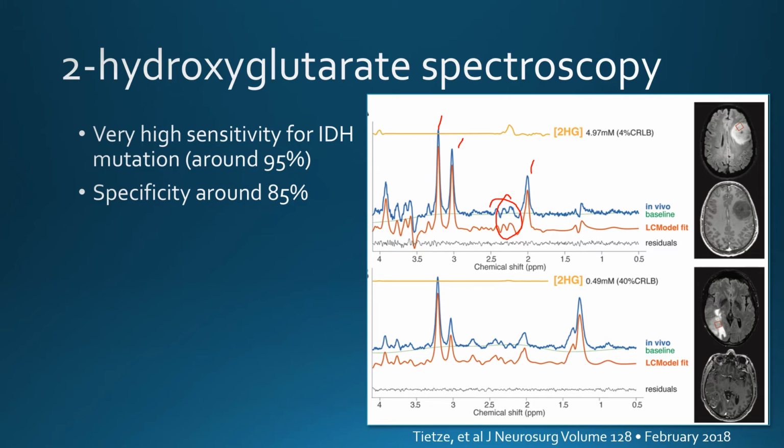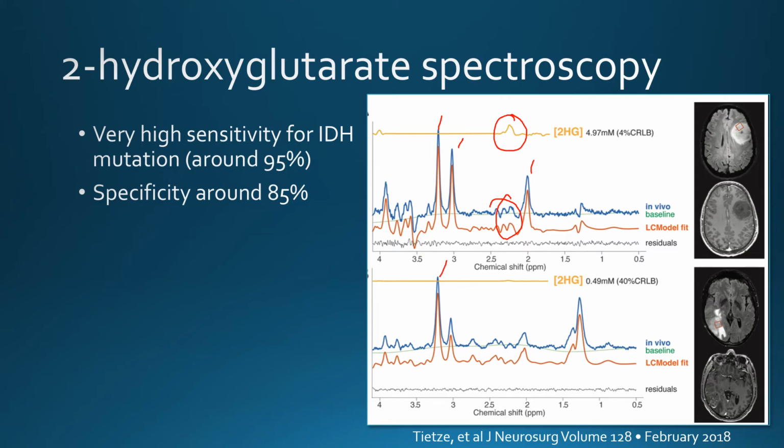You can't detect it on the standard spectroscopy, but with specialized techniques, you can kind of tease out that 2-hydroxyglutarate peak. And so in this one, the peak was present, and this is an IDH mutated glioma.